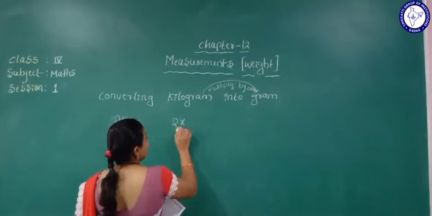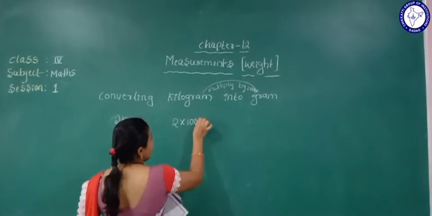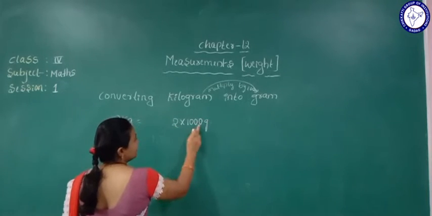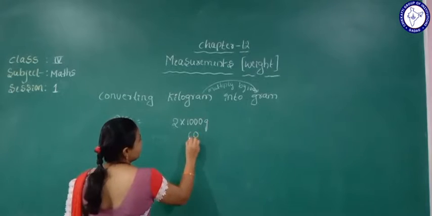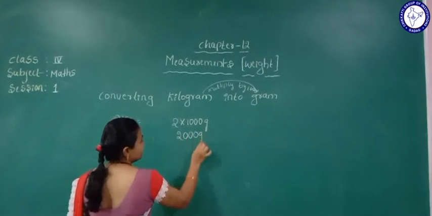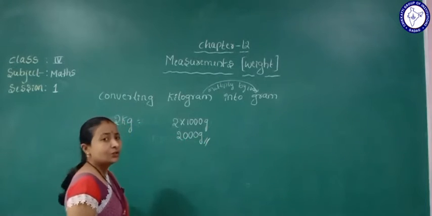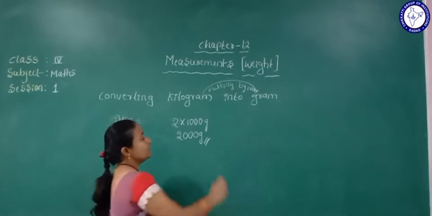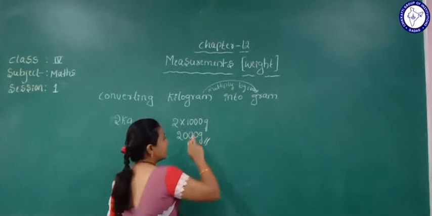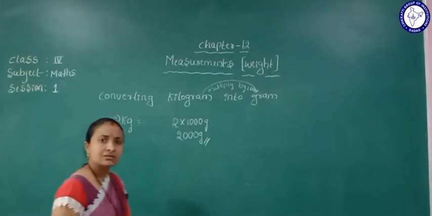It means 2 into 1000. 2 zeros are 0, 2 zeros are 0, 2 zeros are 0, 2 ones are 2. So the answer is 2000 gram. We multiply the given number by 1000.